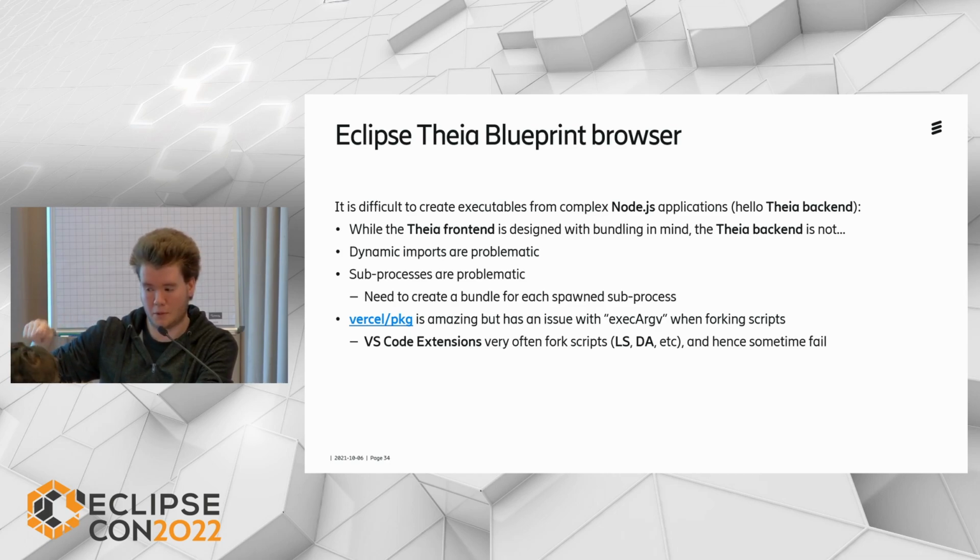It expects a bunch of things to be in its node_modules folder, but this doesn't exist because everything must be bundled and crammed into a few files. So your tree structures are basically destroyed. And that's a problem when you spawn sub-processes, because VS Code extensions need to spawn, for instance, language servers. And when you do that, you need to be able to instruct this small bundle how to load those files, etc. It's quite a mess.